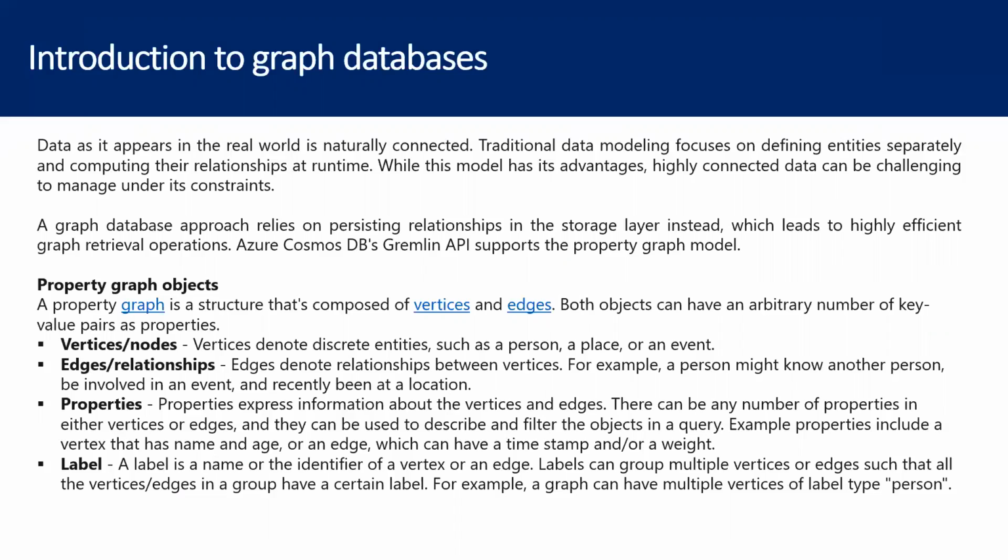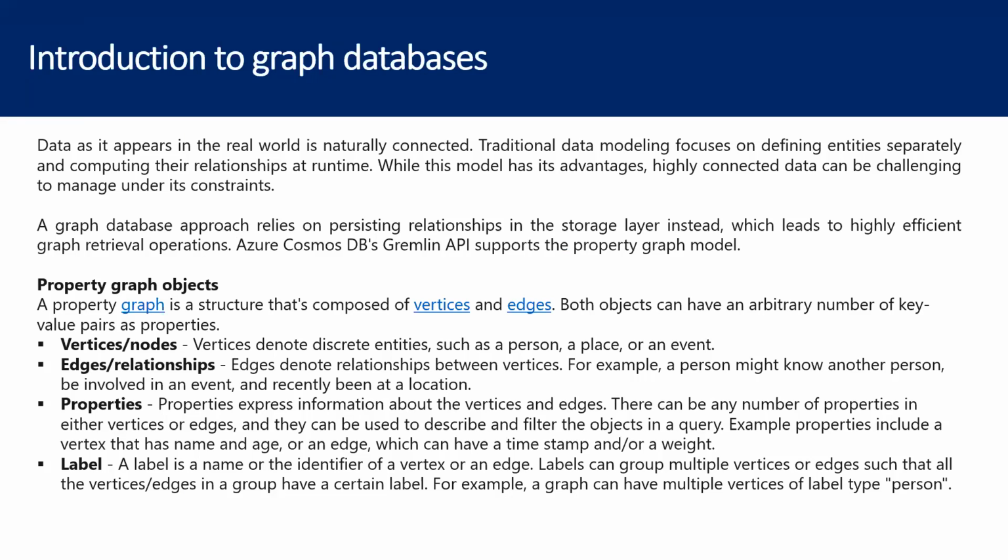Person is one vertex and product is another vertex. Then, if the person has purchased a product, that relationship is maintained in edges. So here on this screen you can see a person might know another person, be involved in an event, and recently been at a location. So all these relationships from the person to other vertices are maintained here.